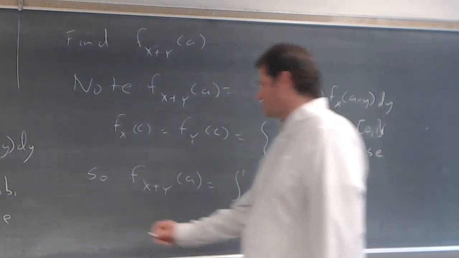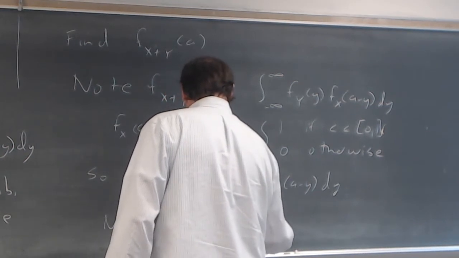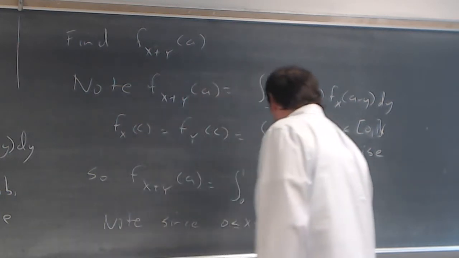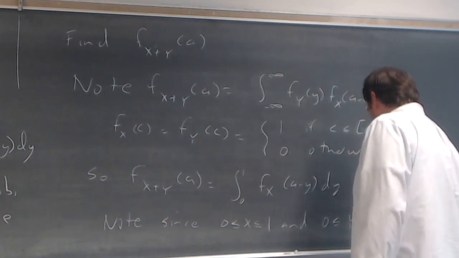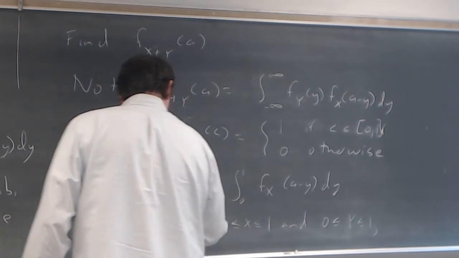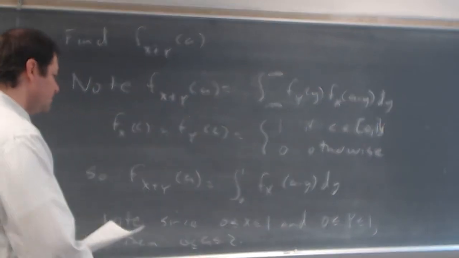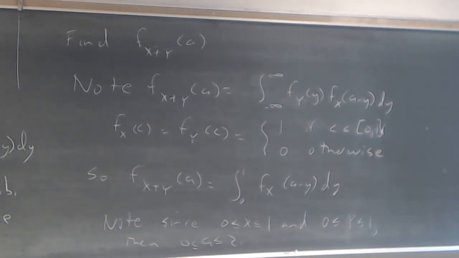Note, since the X values are between 0 and 1, and the same for the Y values, then a, which is going to be the result of X plus Y, has to be between 0 and 2 for where the PDF would be non-zero.